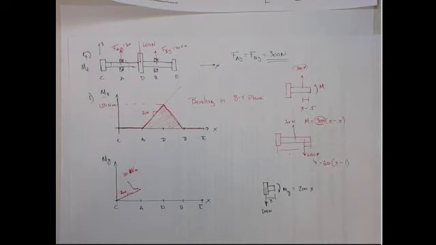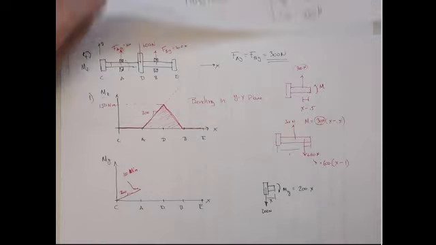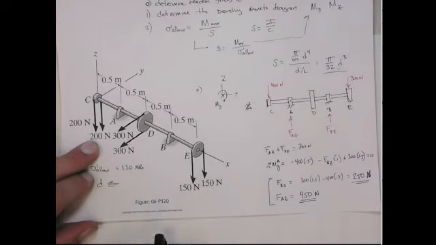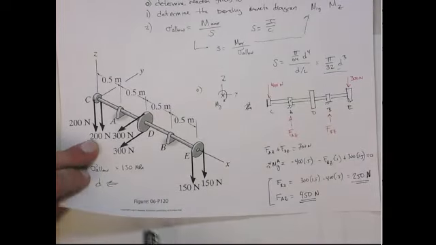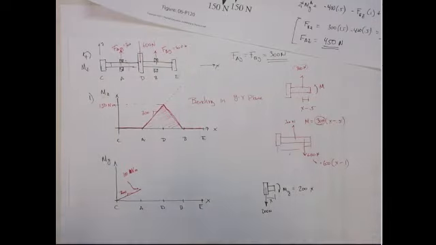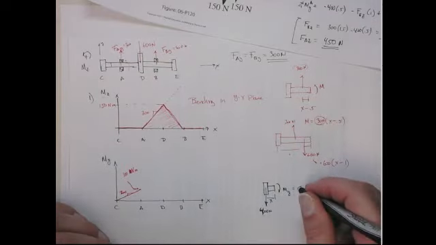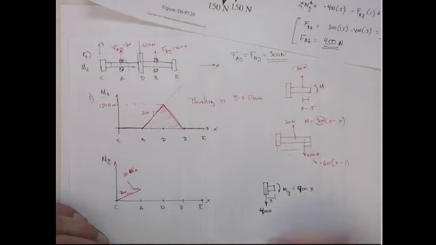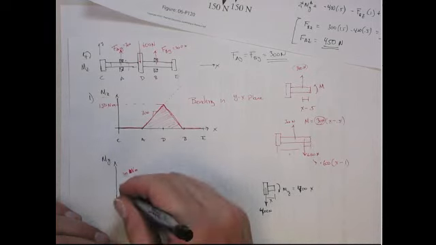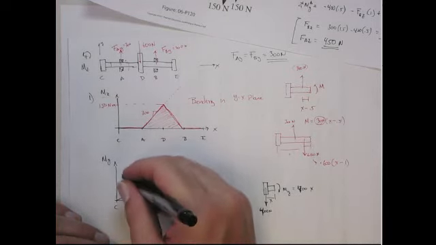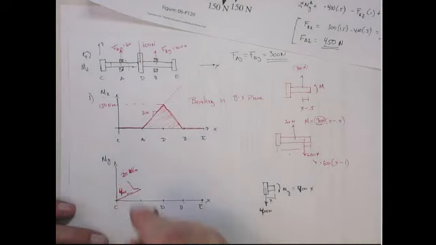Except that this isn't, I'm sorry, this isn't 200, it's actually 400, because it's two of them, sorry. So I actually should have 400 here. My apologies, should make this have a slope of 400. And this is now 200 Newton meters is the max of that.